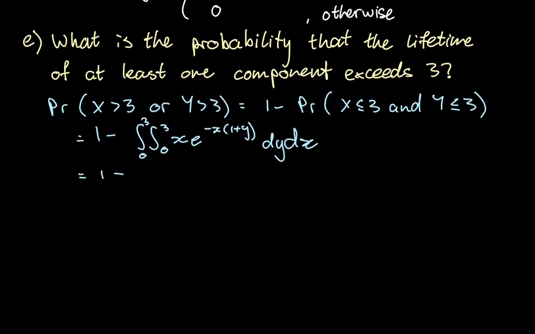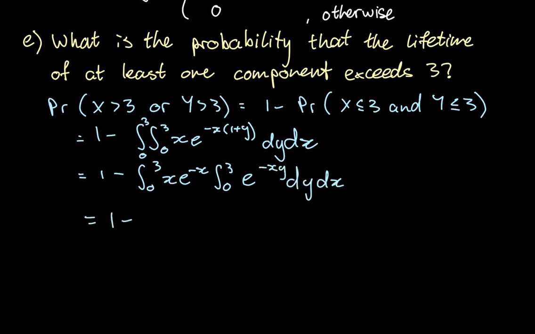So we have 1 minus the integral from 0 to 3, and this here is the integral in terms of y. So I can take out everything that's in terms of x because it's a constant with respect to y. So I have x e to the negative x out here, and then I'm integrating from 0 to 3, e to the negative xy, dy dx.